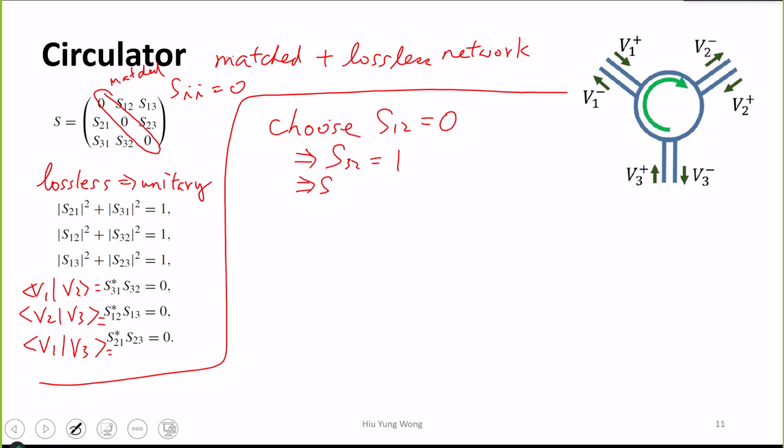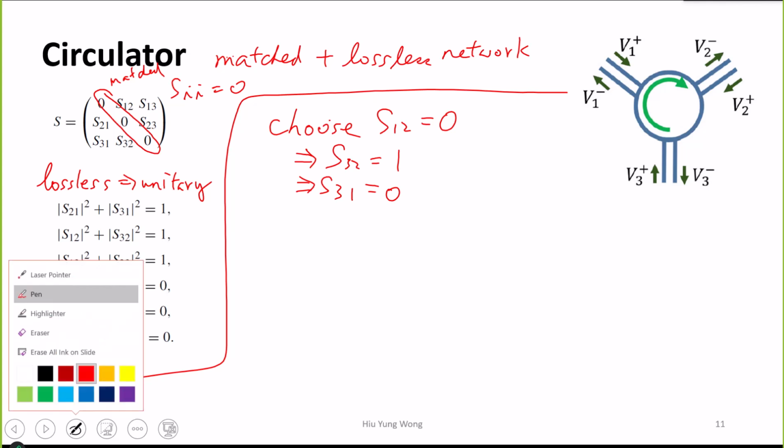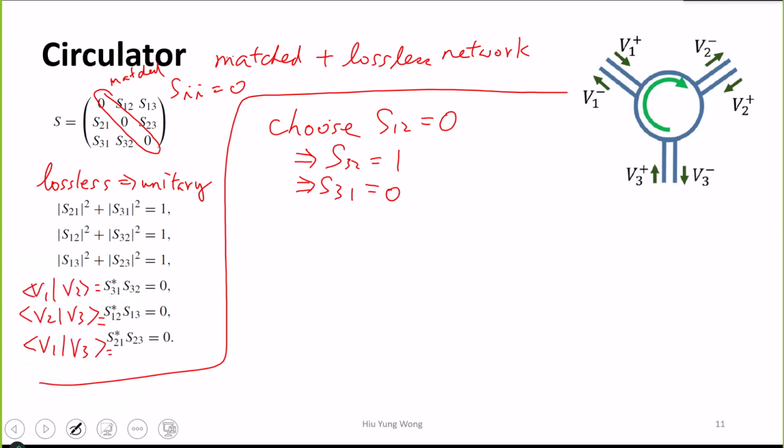So S31 equals 0. Maybe I should write down the equation numbers: 1, 2, 3, 4, 5, 6, right? So when S12 equals 0, by equation 2, I get S32 equal to 1.